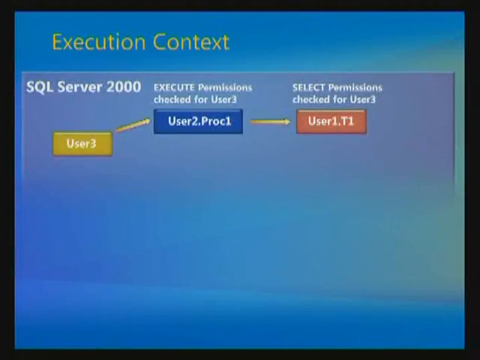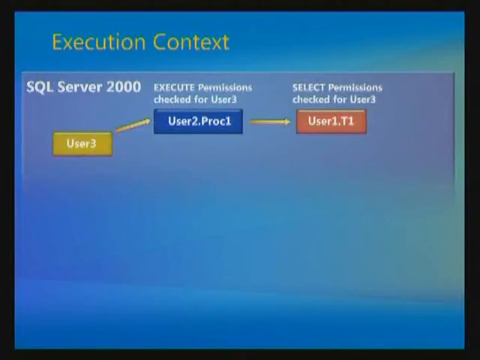Let's look at a case where I have a user calling a stored procedure. In order for that call to be honored, we'll check whether that user has execute permission on that stored procedure. So they have execute permission, so far so good. That stored procedure is running, and in fact it's running in the context of that user. When that stored procedure is to make access to another object like a table, in this case it's accessing user1.t1.